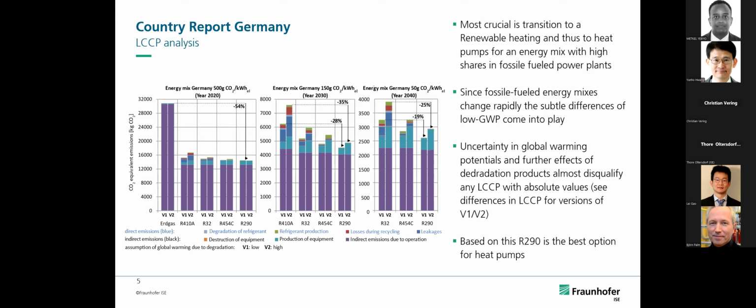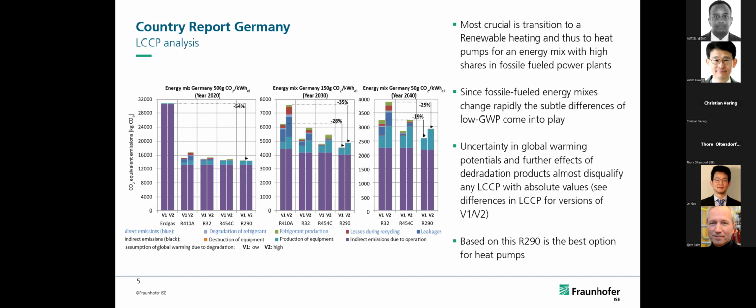What I haven't said in the beginning is that here you see 2 different versions. You always see version 1 and version 2. This is due to the uncertainty you have for the global warming. You could still say we deploy global warming potentials which are very often used as political and legal constraints and legal frameworks, as from the IPCC assessment report from 2007, or you can also go for the newer global warming potentials, which are part of the state of the art from science, and have increased for most F gases overall.